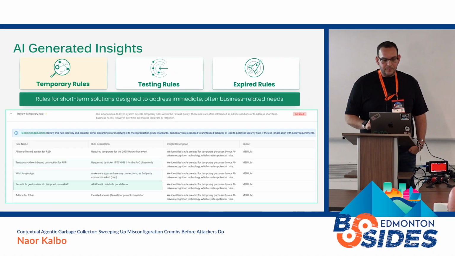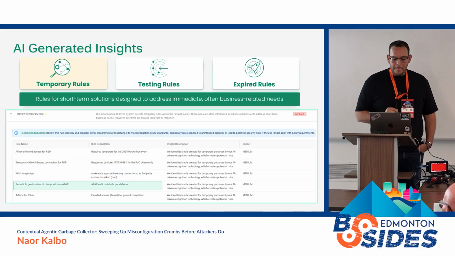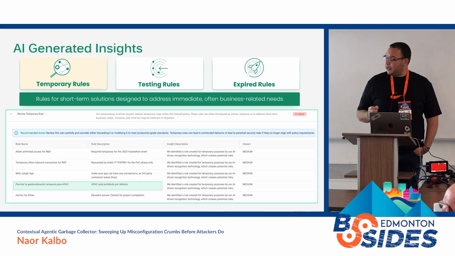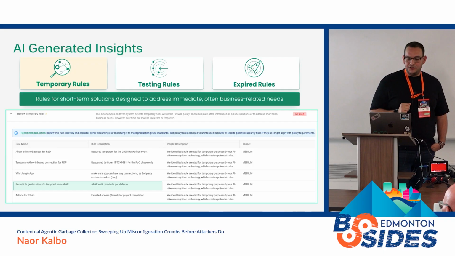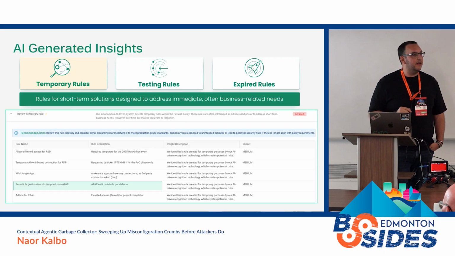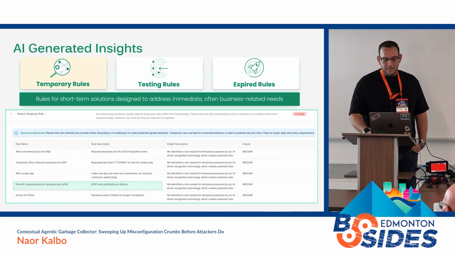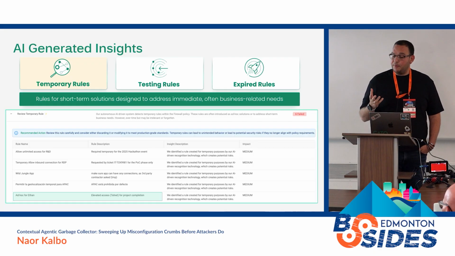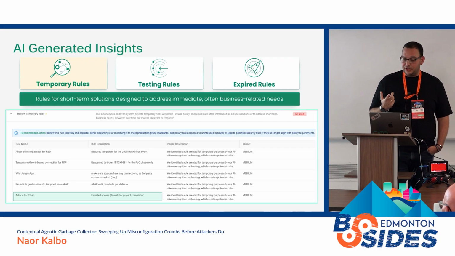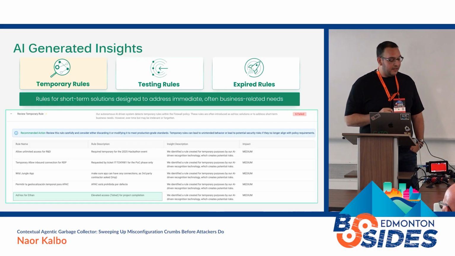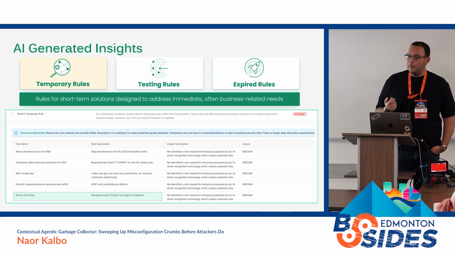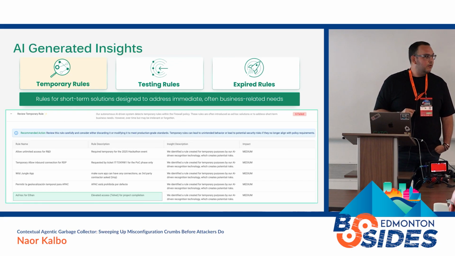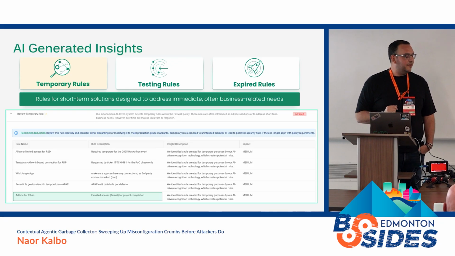Another example is a temporary rule that blocks or allows access from a specific geography due to some global event, right? And another one is a temporary rule which is actually an exception for a user, let's say his name is Ethan, that conflicts with the company policy, like enabling telnet, which I assume we all agree is insecure.